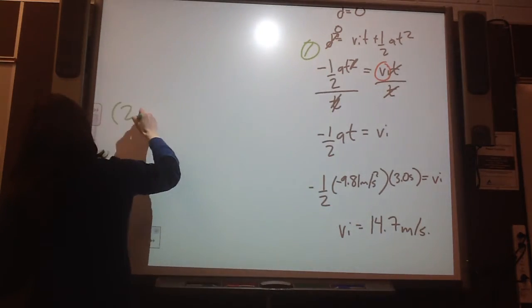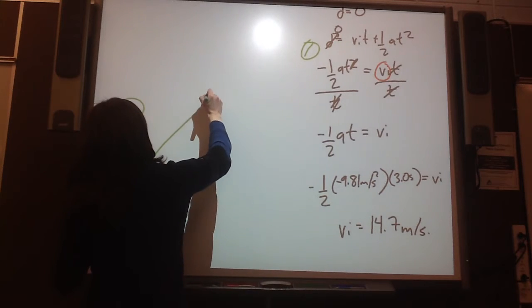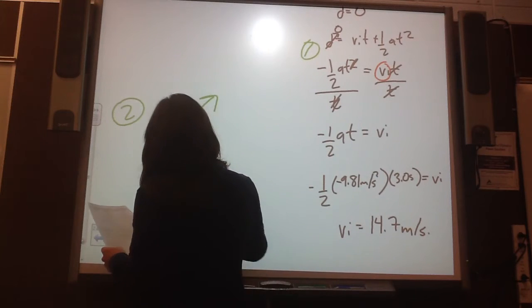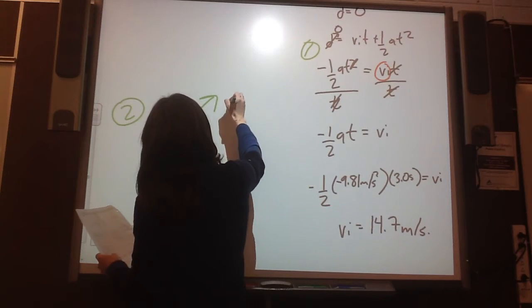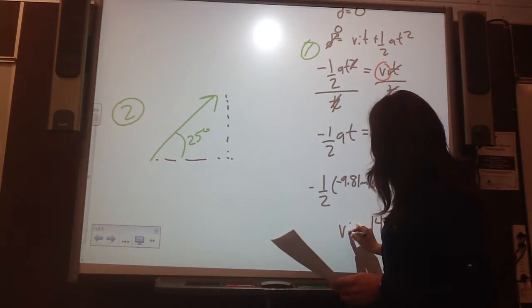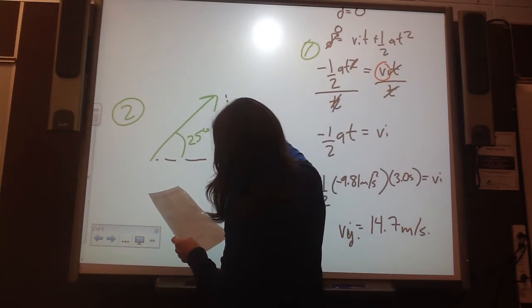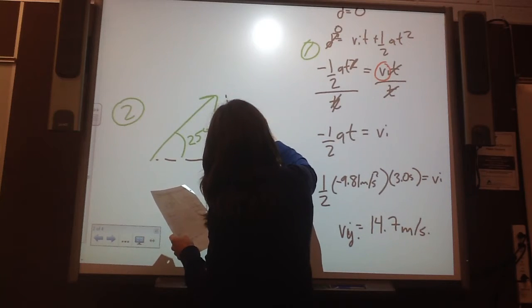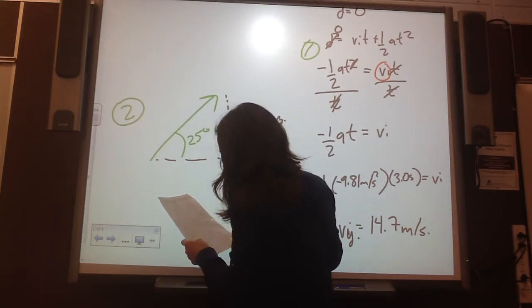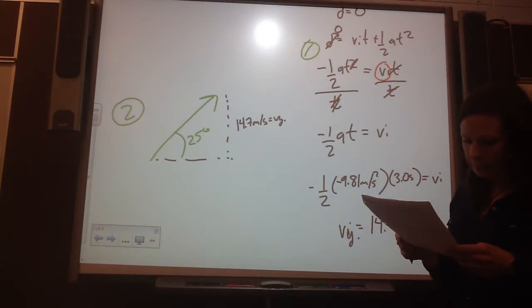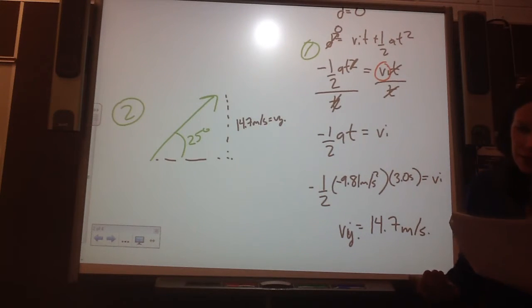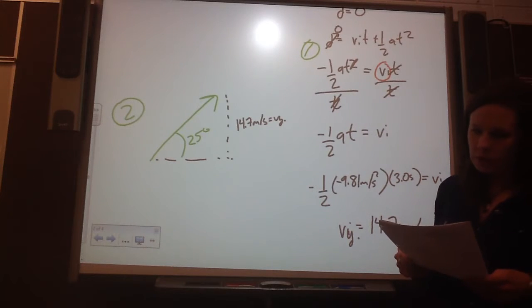Now my second step is to draw out my initial vector, 25 degrees. It has both a horizontal and vertical component. I found this component is Vy. So Vy is 14.7 meters per second. I'm asked to find the distance from the shooter to the target.